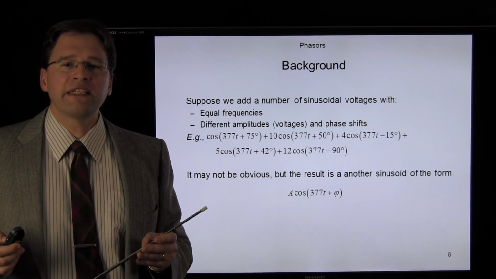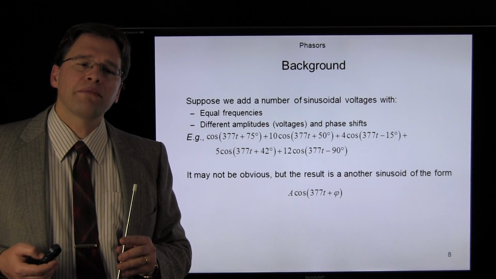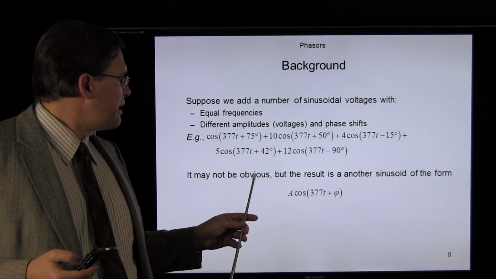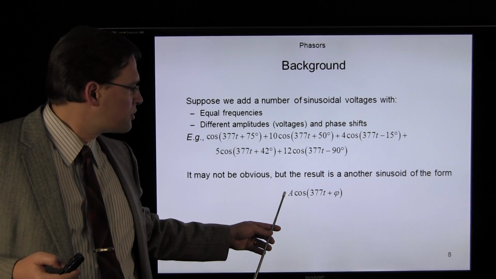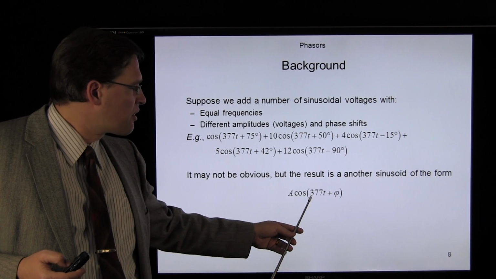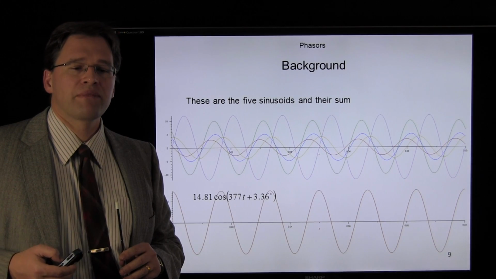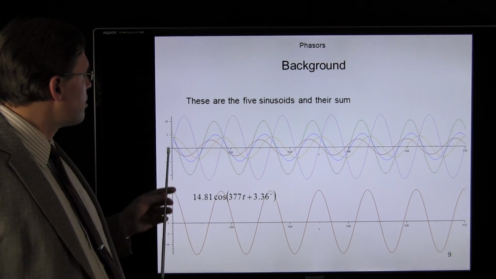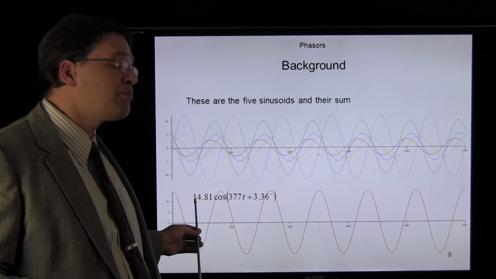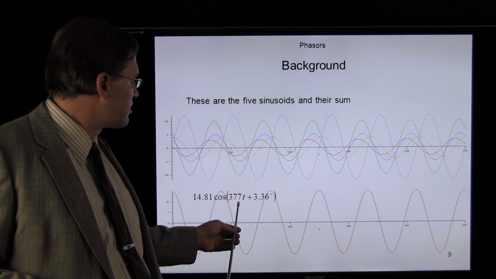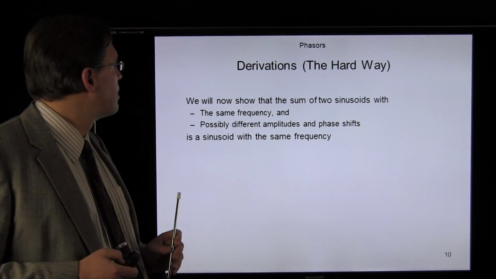Now, it might not be immediately obvious, but because the angular frequency is the same, the result will be a sinusoid with some unknown amplitude, but with the same frequency, 377t, plus some unknown phase shift phi. In fact, in Maple, if you plot the 5 functions, you can also plot the sum of these functions, and you get 14.81 cos of 377t plus a phase shift of 3.36 degrees.